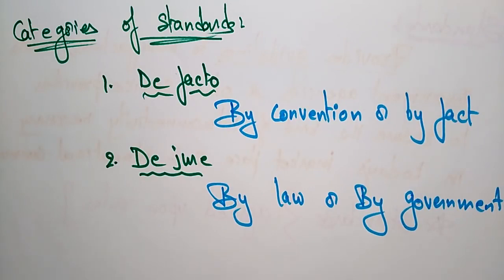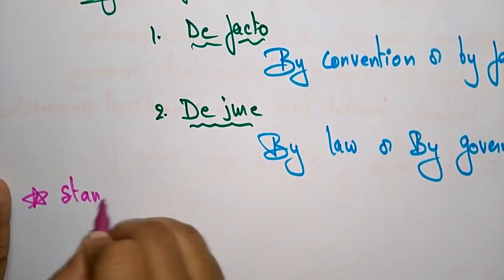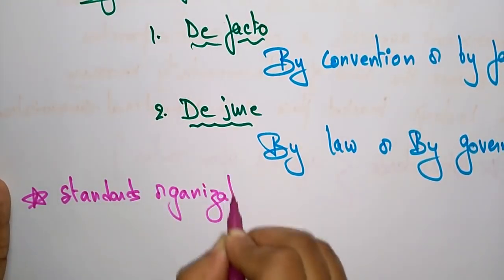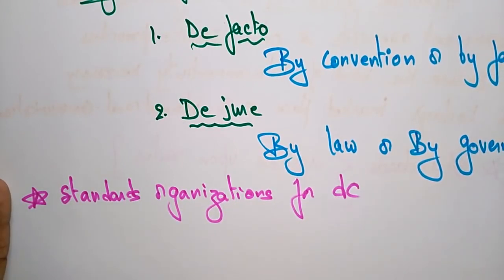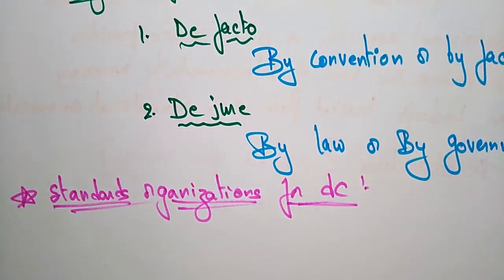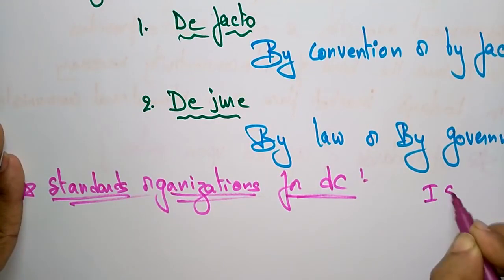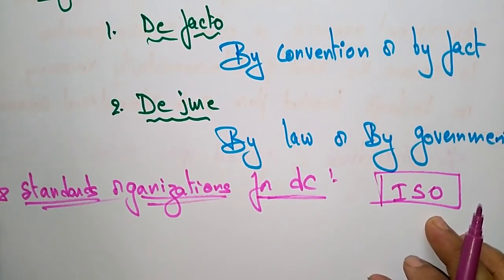I'll give a brief idea of the standards organizations for data communications. The different standards organizations for data communications are ISO, the International Standard Organization.